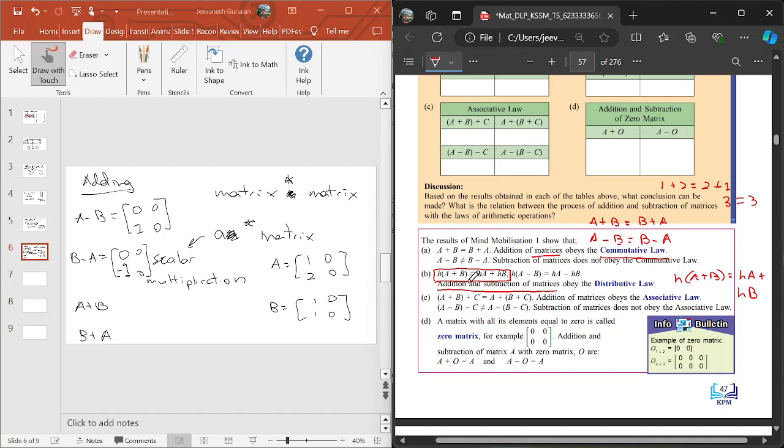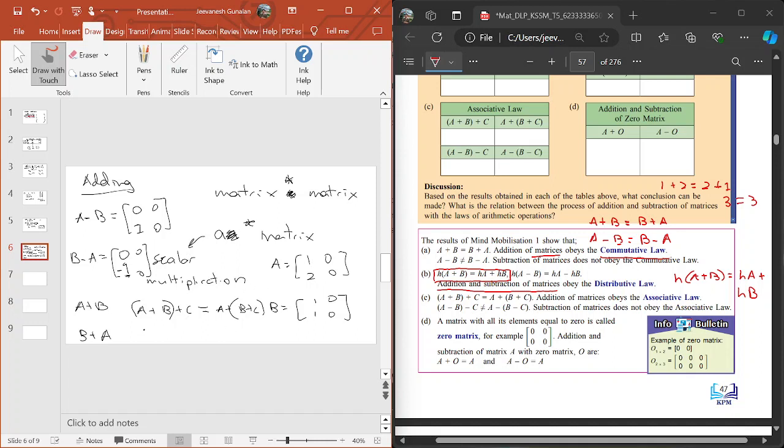Now associative law. Associative law is basically, if I take three numbers and add, doing these first and then adding C, is that equal to when I do this first? Well, yes, because it's adding, so it doesn't matter which one you add first.